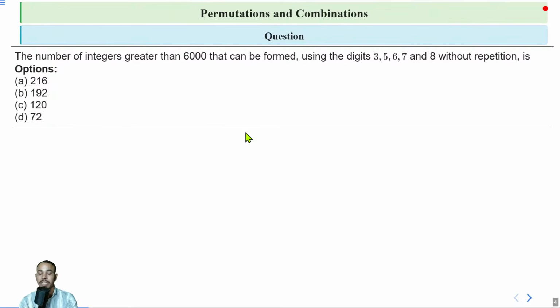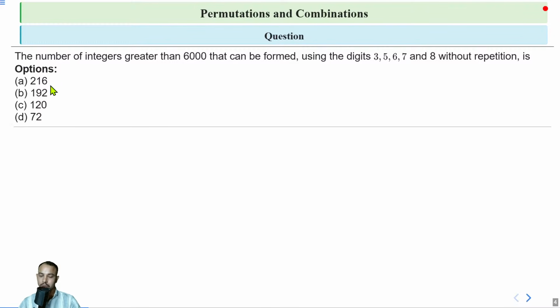So students, let's look at question number 1 here. In this question we have to find the number of integers greater than 6000 that can be formed using the digits 3, 5, 6, 7 and 8, and here you have to note this point: without repetition. The repetition is not allowed.